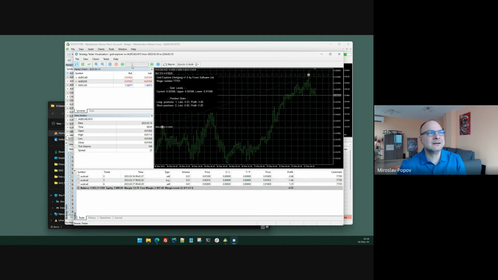Up, and the market touched the upper one. When it touched it, the robot changes the current level. So now this is the current level, this is the previous one. And because it touched the upper one, it closes the long position here on profit.